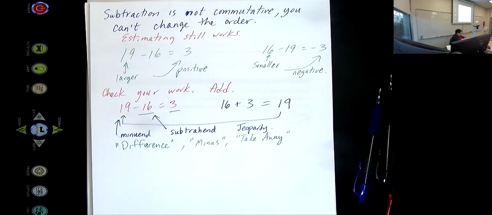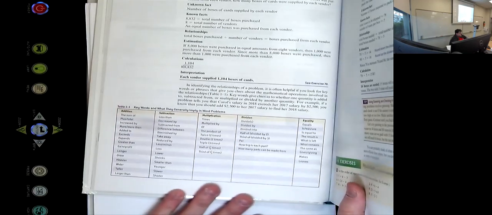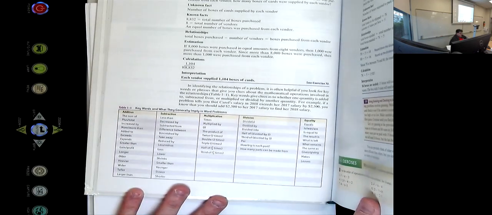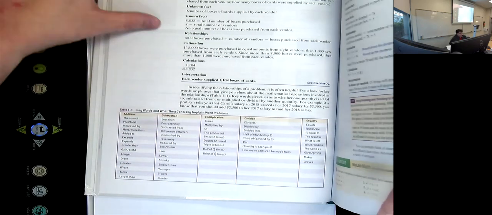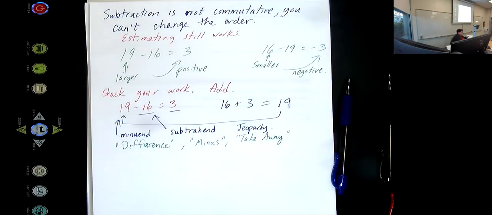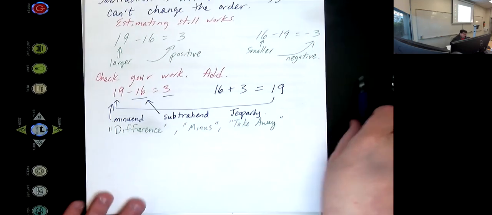If you go to page 42 in the book, there's a list of keywords. I'm not leaving it up so you can write them all down. But when you see these words, they imply subtraction. This should be available in the textbook. I'll double check on Pearson tonight.